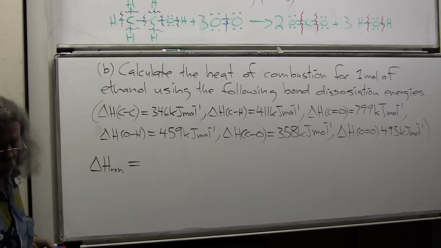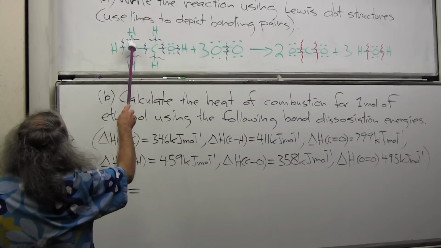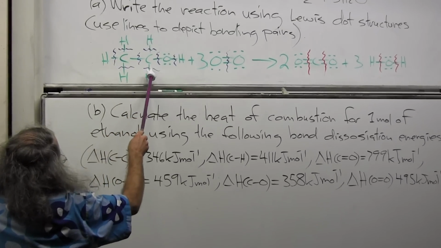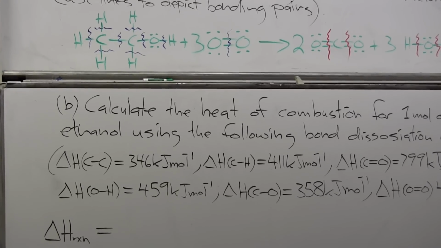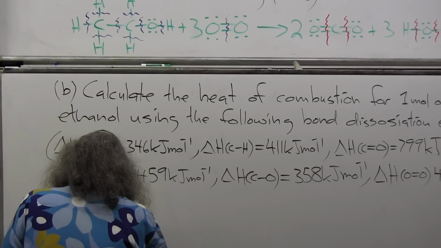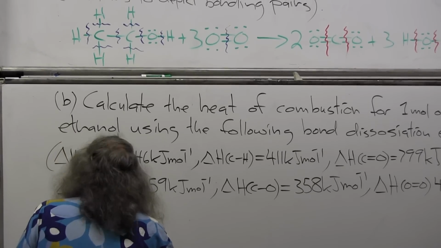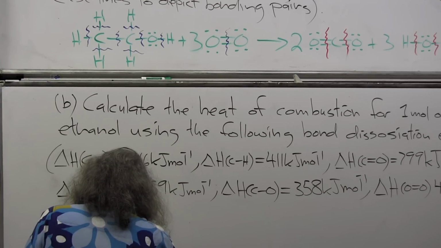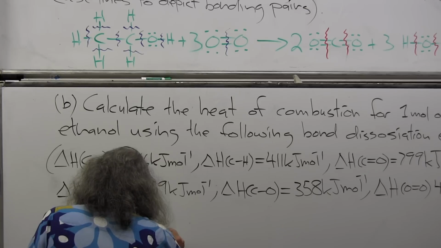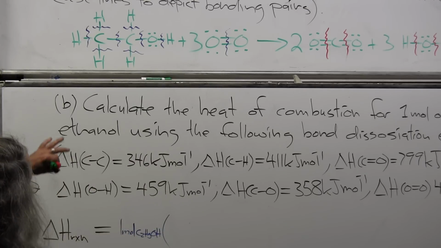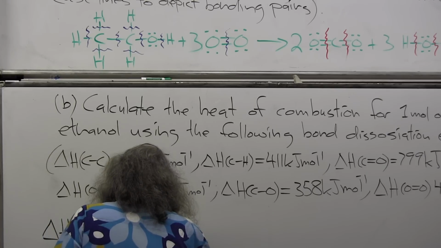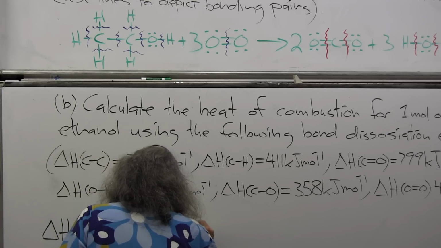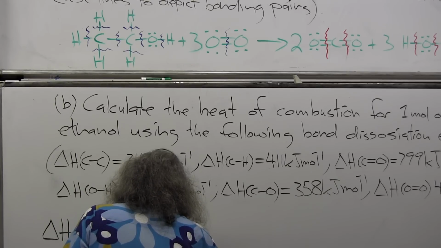There are 1, 2, 3, 4, 5 carbon-hydrogen bonds that are going to be broken. So I'm going to start out with 1 mole of C2H5OH. And there are 1, 2, 3, 4, 5 moles of CH for every 1 mole of C2H5OH.